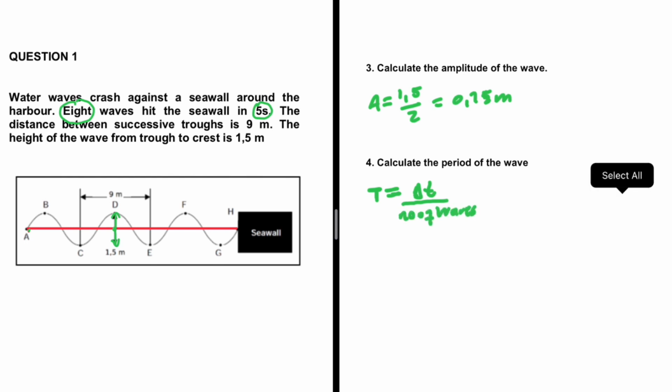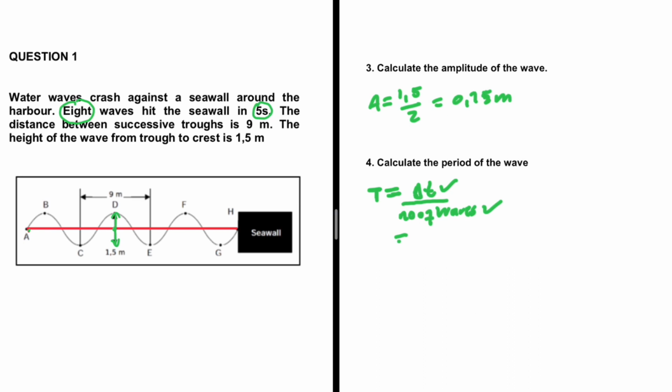If we use this formula, we're going to get the period.